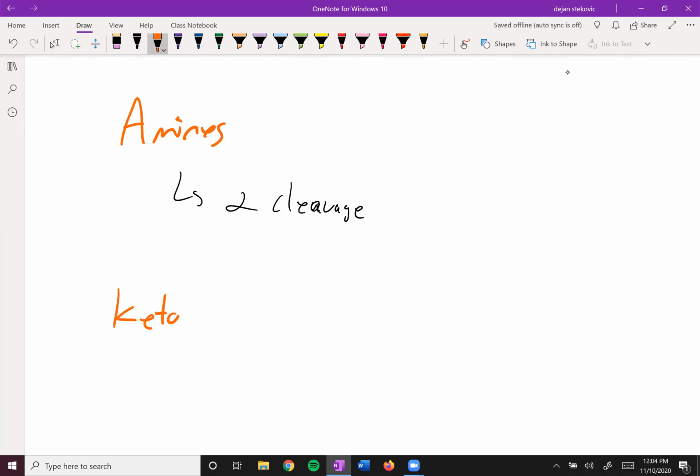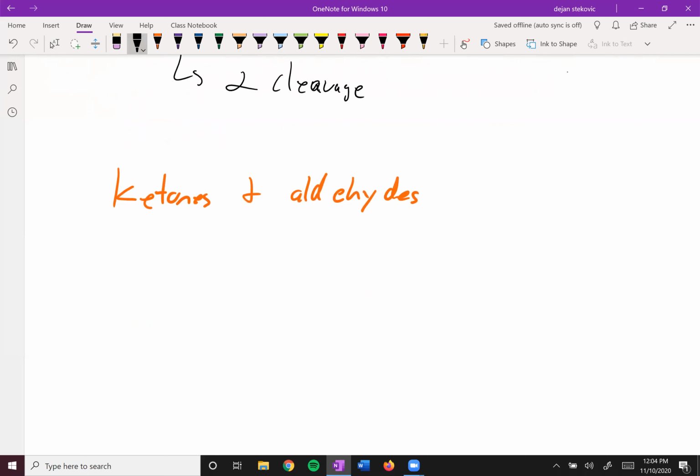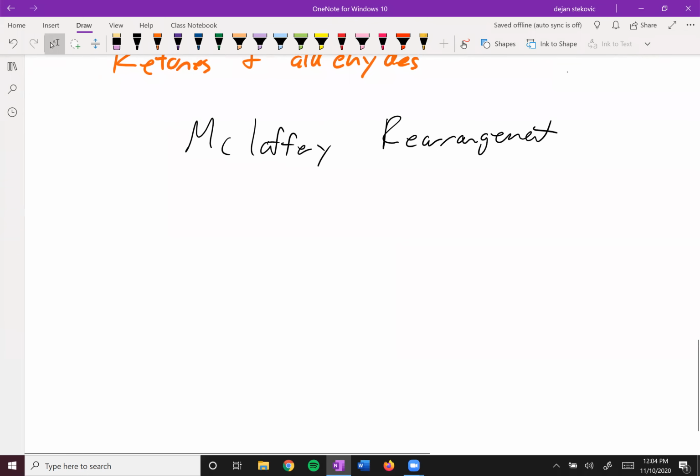And then finally, ketones and aldehydes. They undergo what's known as a McLafferty rearrangement. And so what occurs here is, again, our radical forms on our oxygen instead of breaking a carbon-carbon bond. And then we get a whole bunch of radical reorganization, right?